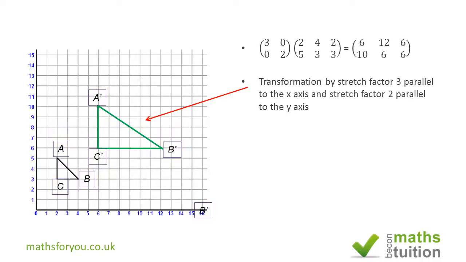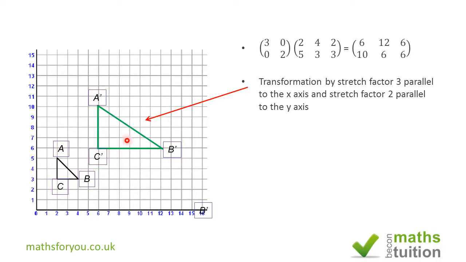Now I've got something different for the next slide. This slide is slightly different from the previous one. What we've got here is this object being transformed to this image, and this is a combination of a stretch parallel to the x-axis with a stretch factor of 3, because 6 divided by 2 gives 3.